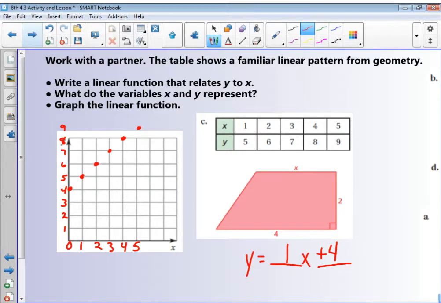Plus 4. So there's our equation. They also wanted us to identify what our x would represent. Our x is what you would call a base, but it would be like your top base.